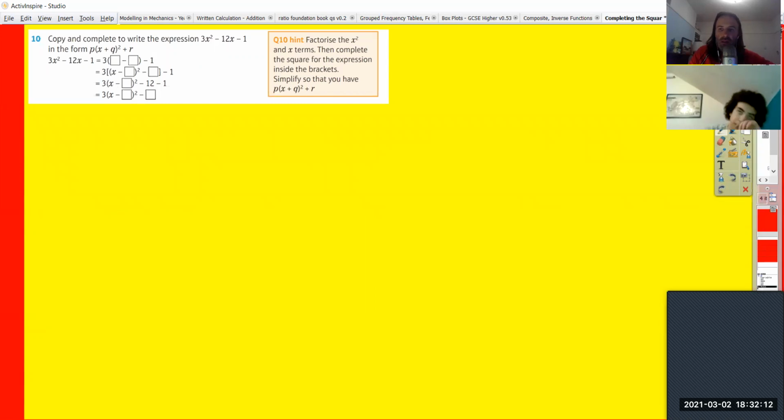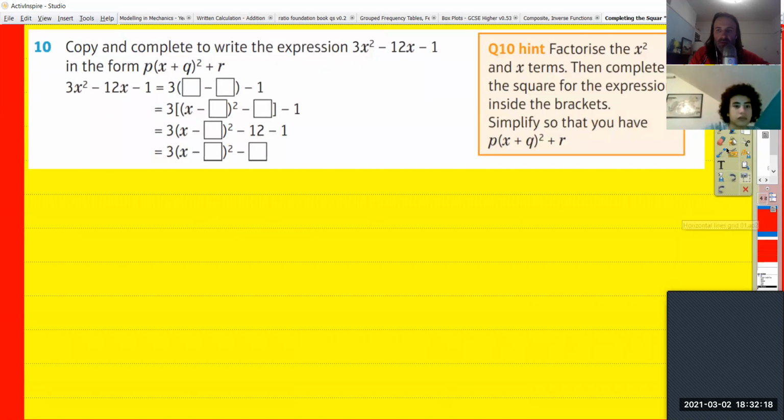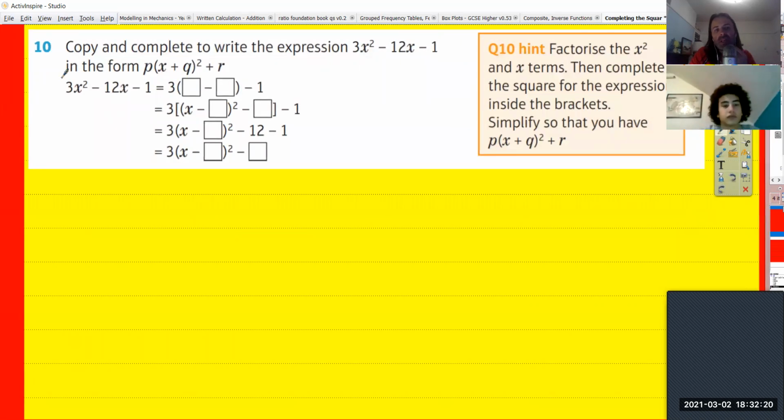How do we deal with it if it has a number in front, do you know? So we've been doing 1x squared. Now we have 3x squared. How do we do this? I'm not sure. You factorize out 3 from the first two.